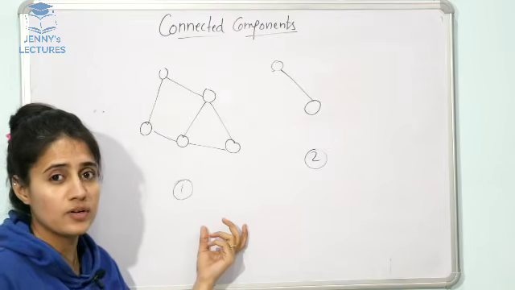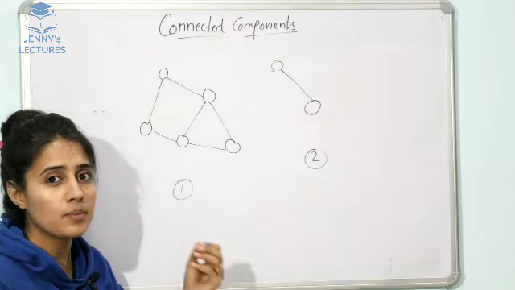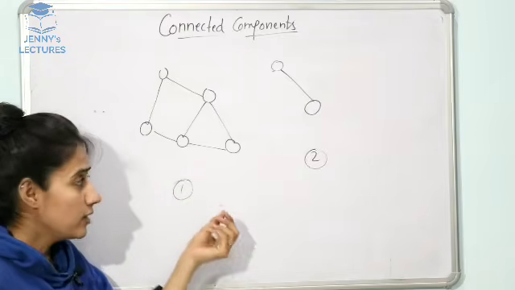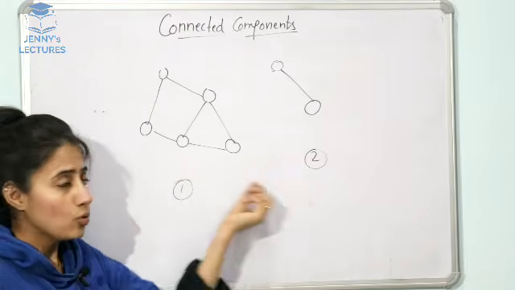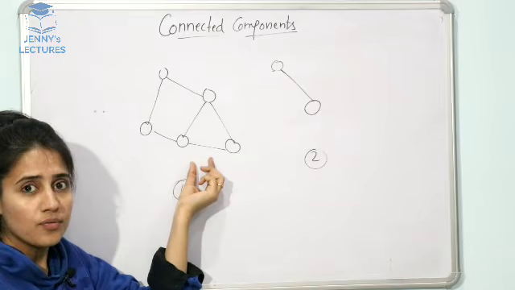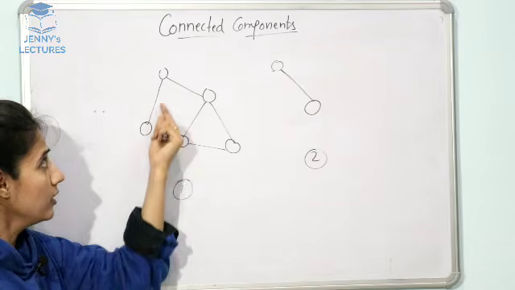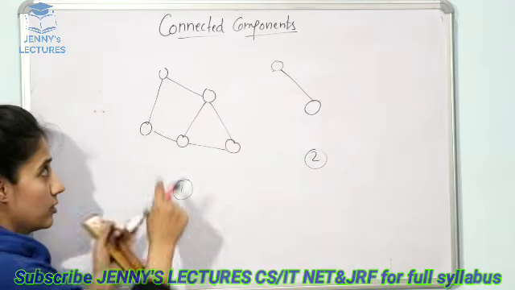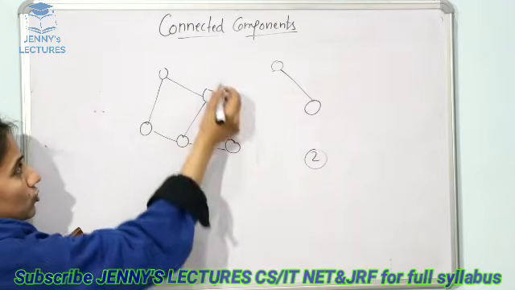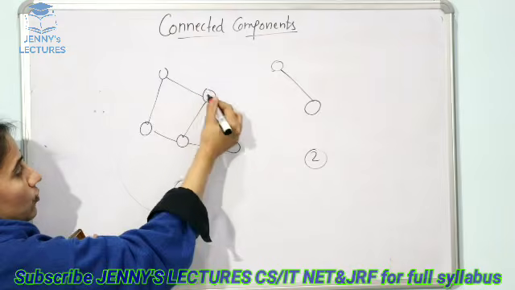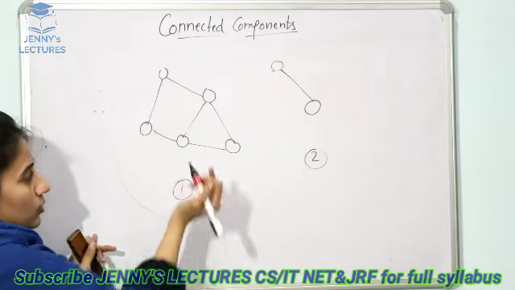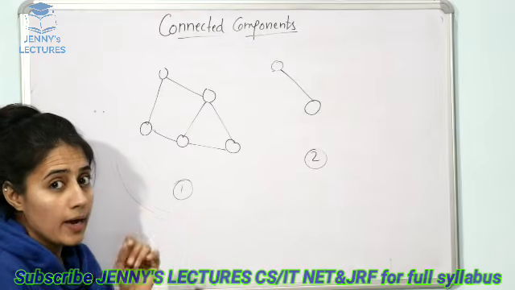As I have told you in the definition, a connected component is basically a subgraph. See, this one is our graph, or you can say supergraph. So we have connected components 1 and 2. A connected component is a subgraph in which every vertex is connected by paths. See, in this component, every vertex is connected by these paths. And what was the second condition?